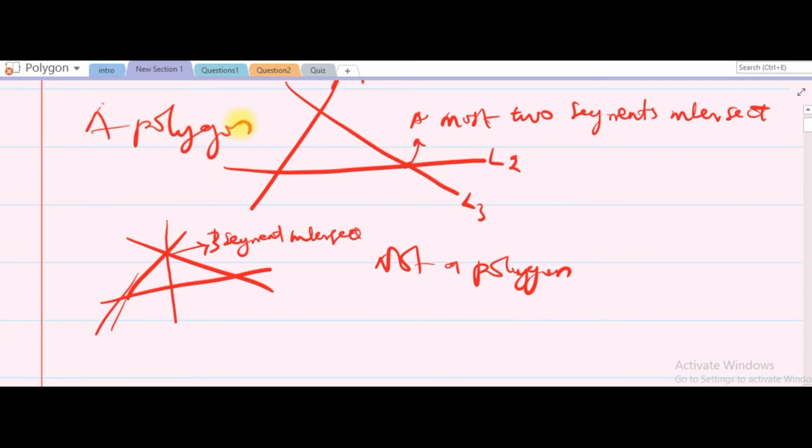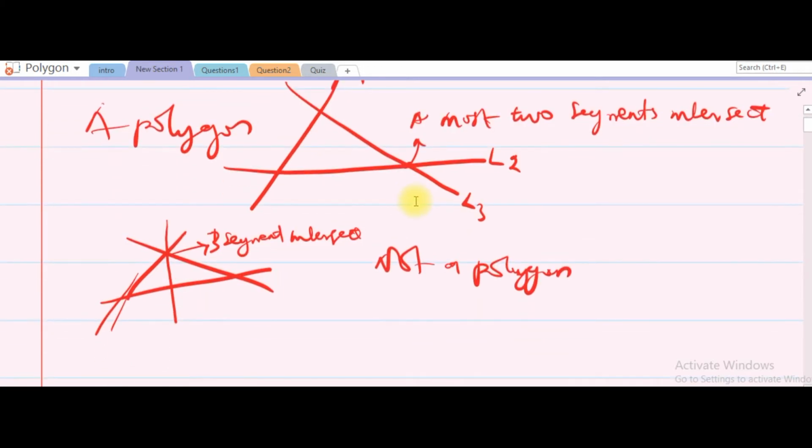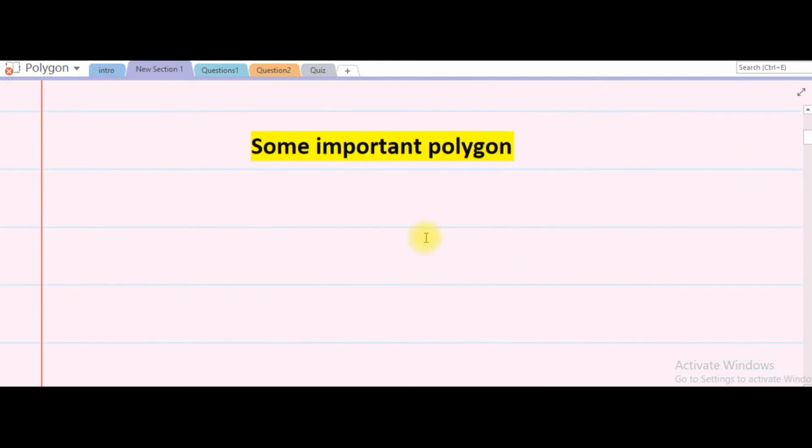So that's the definition of a polygon: a figure formed by three or more intersecting line segments such that at most two segments intersect at a point, and each segment meets two other segments.